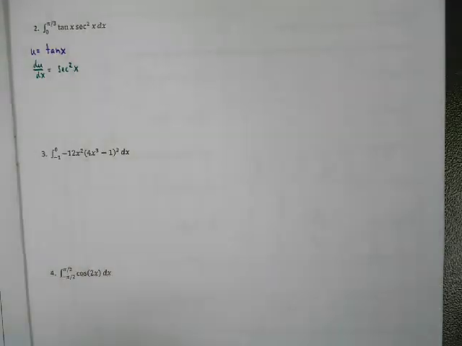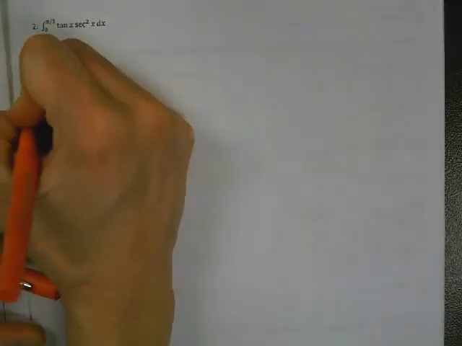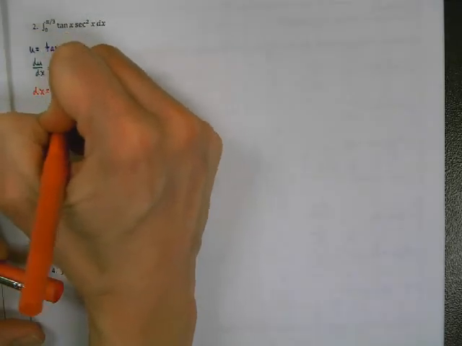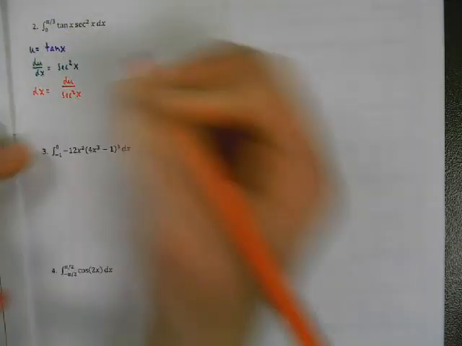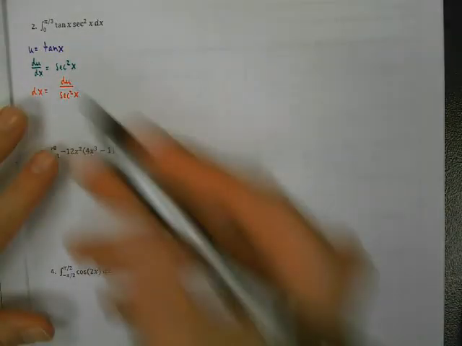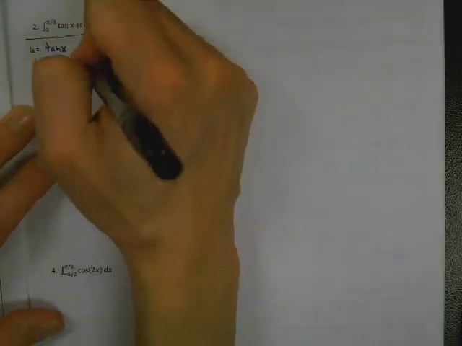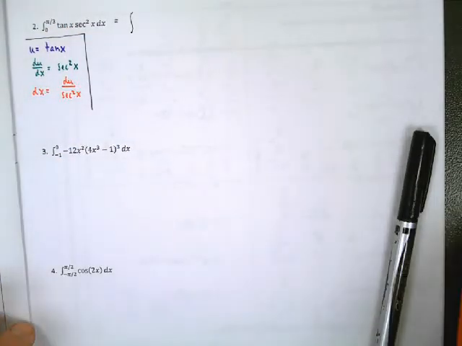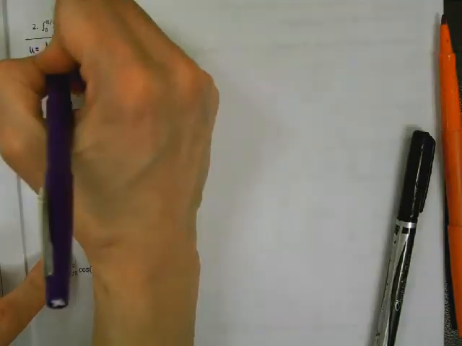And my next step, I'm going to solve for my dx, which is going to be du over secant squared of x. So I'm going to ignore the bounds for a minute. I'm going to get this set up. So I have the integral. Now, my tangent of x here was just my u.